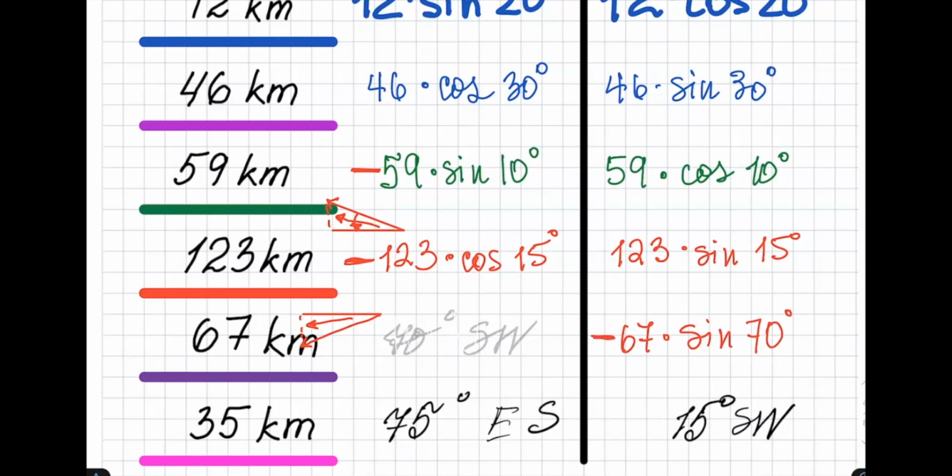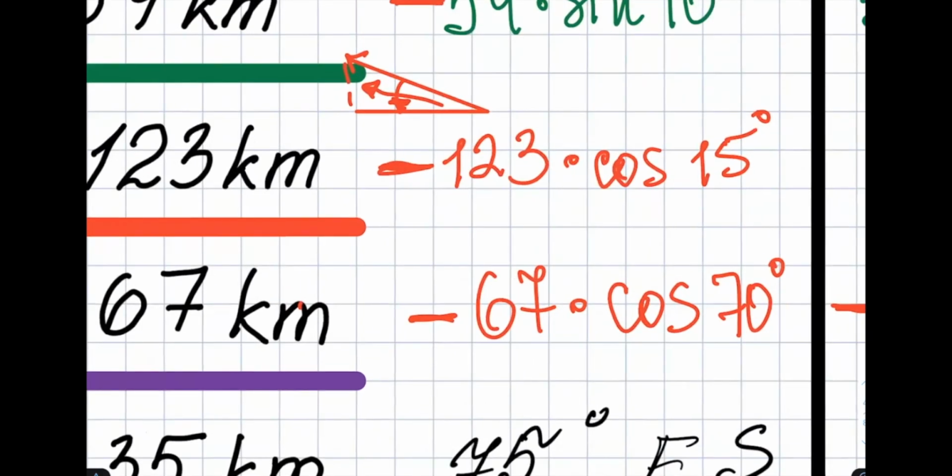Whereas for horizontal, I'm going to say the same, 67, but now I'm going to use cosine because that's close. Cosine of 70 degrees, and again it's going to be negative because it's pointing to the left. Left and down are negative, up and right are positive.